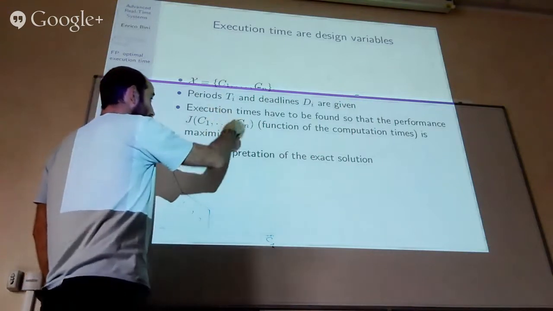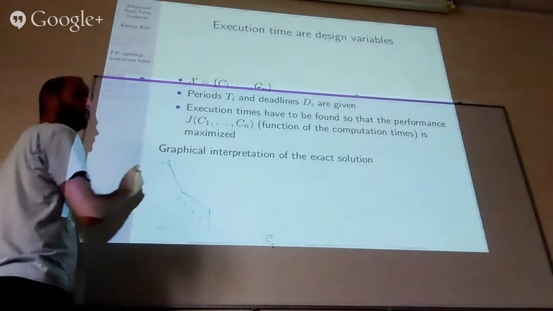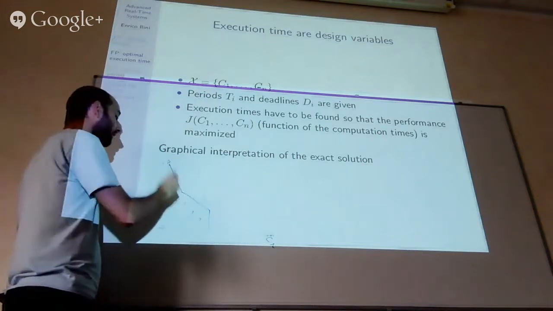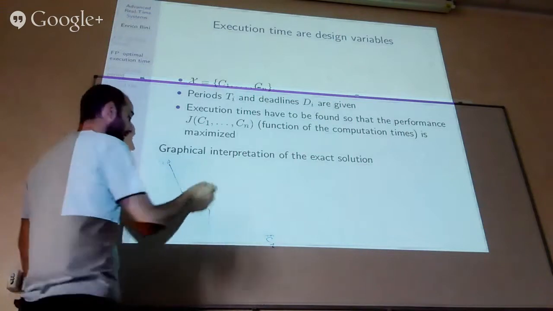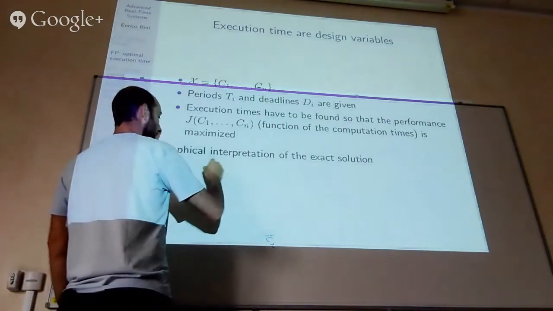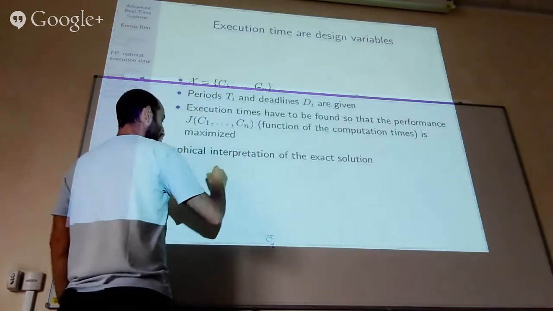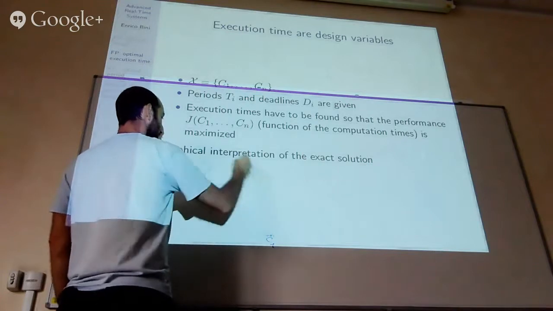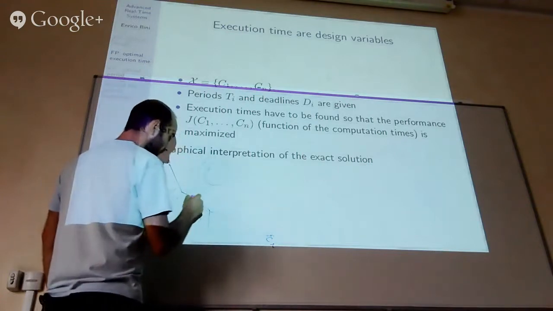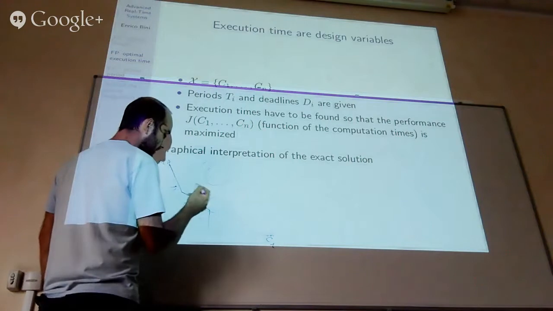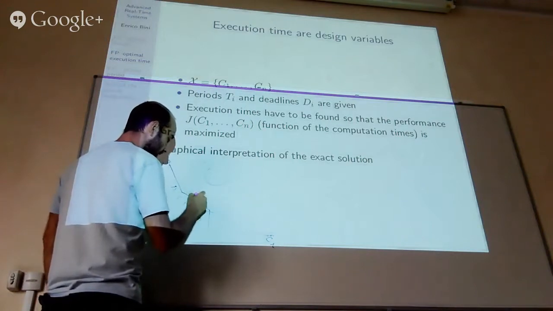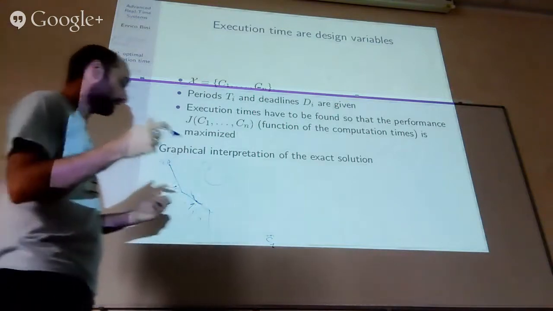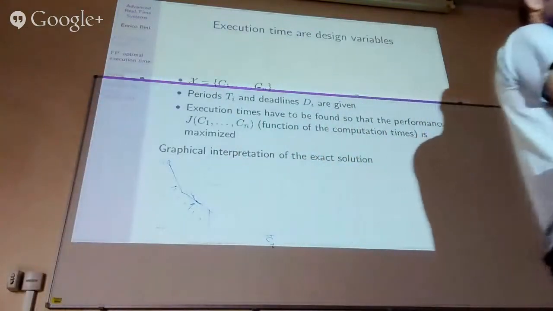Basically, solving the design problem on the computation times means that we have to solve the optimization problem over this region. Okay? So here we have a cost function. Let's say we have a cost function which has these level curves. If you want, here they have the maximum. So we have to maximize, so we have to go in that direction. Then let's say the optimum is this point, or whatever it is. Okay, this is the interpretation of this.